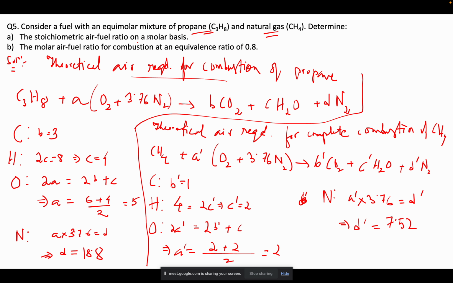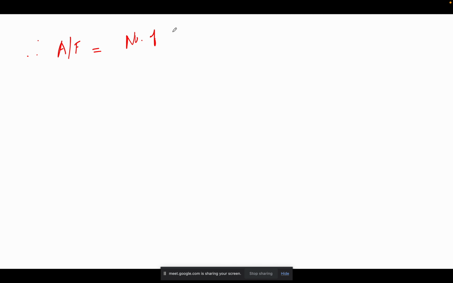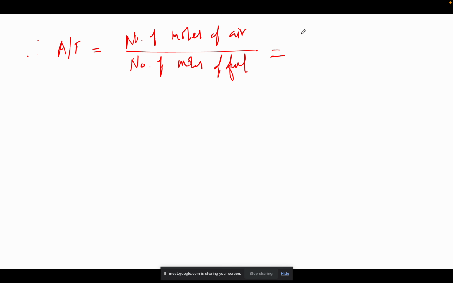Therefore, the air fuel ratio is what? The number of moles of air divided by the number of moles of fuel, because we are told to find the air fuel ratio on a molar basis. The number of moles of air we have got as 16.67, and we have done the entire calculation based on 1 kilomole of fuel.